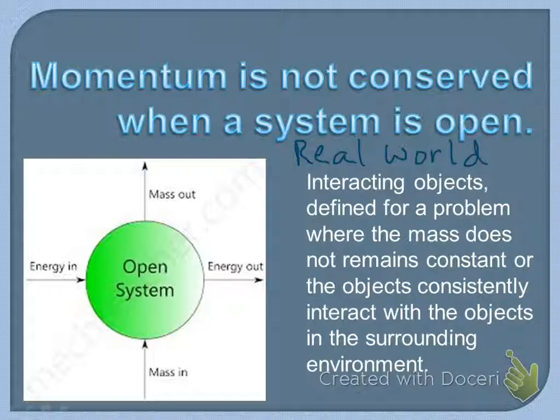Okay, and this is because you've got objects that are interacting with objects in the surrounding environment. And because we're surrounded by air and we have friction on the ground, there's always going to be something that is essentially going to take the velocity component of momentum out of momentum.